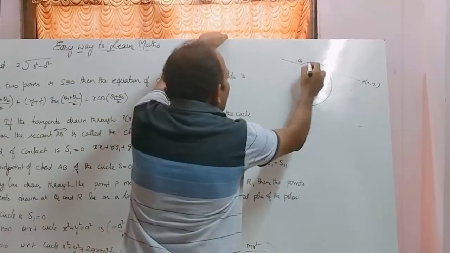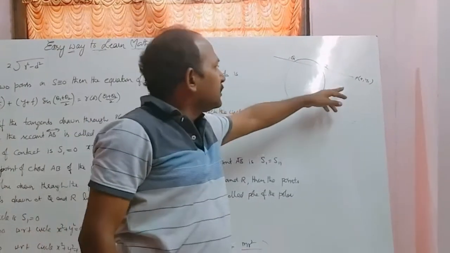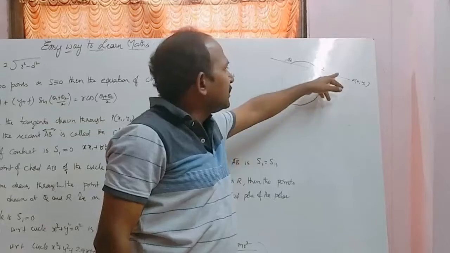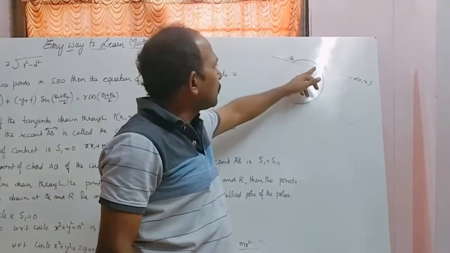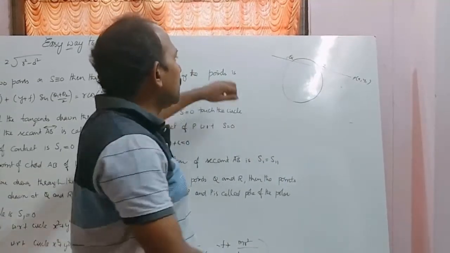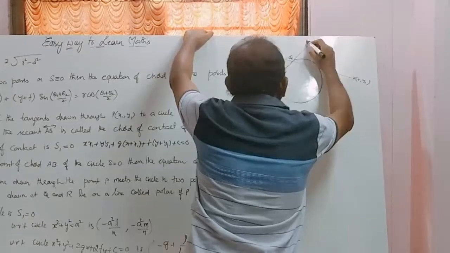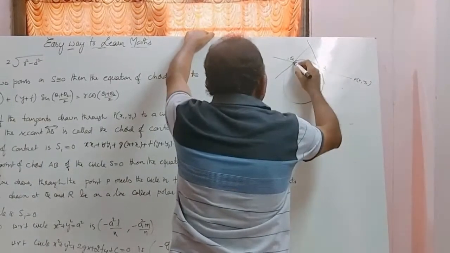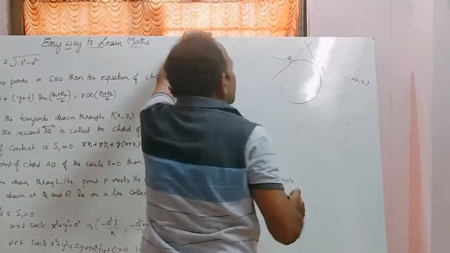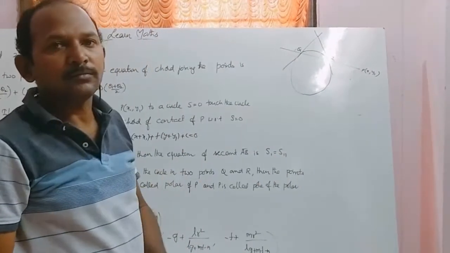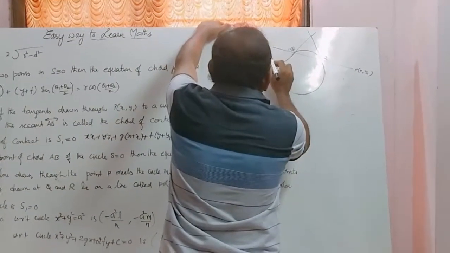Here Q and R. From this external point, if we draw a secant such that it intersects the circle at two distinct points Q and R, and at these two points, let us draw the tangents. Then this is the point of intersection of those two tangents. And again, let us draw another secant.